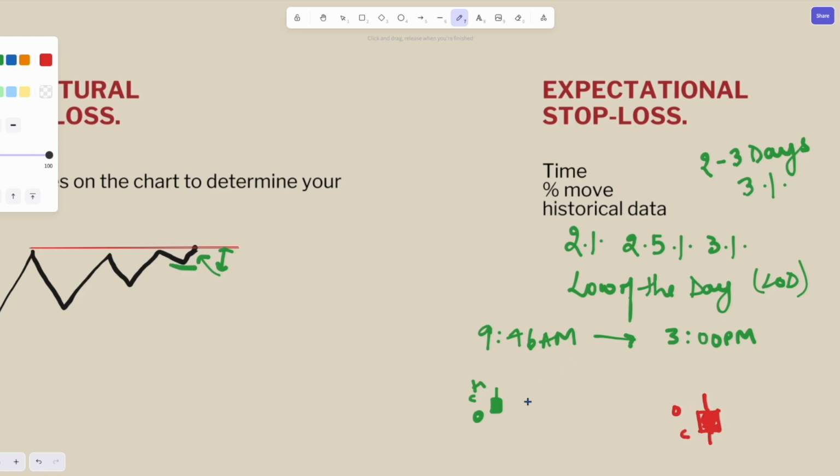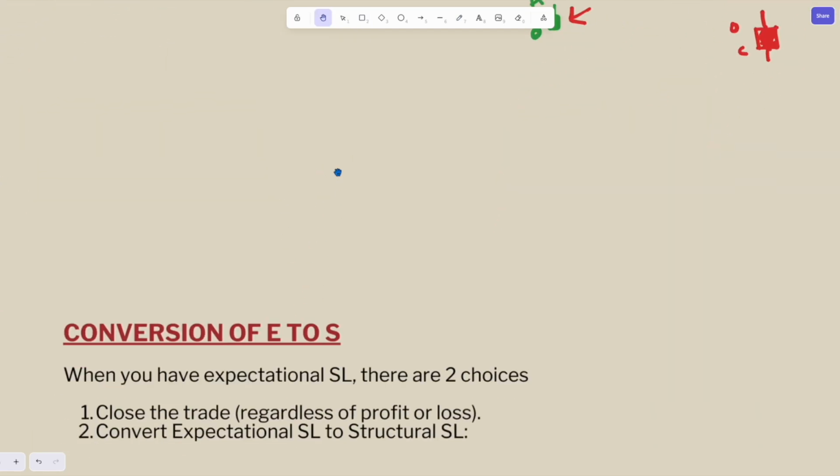Well, it was an expectational stop loss because while you were taking the trade, you expected the daily to stay like this to protect the low that it has made while the daily candle is still moving. And hence that is why stop losses like this, low of the day and all that, come into the category of expectational stop loss. All right, I hope you get the point here. Pretty simple. Let's see more details about it, and let's uncover it.